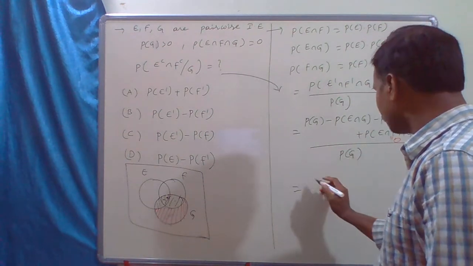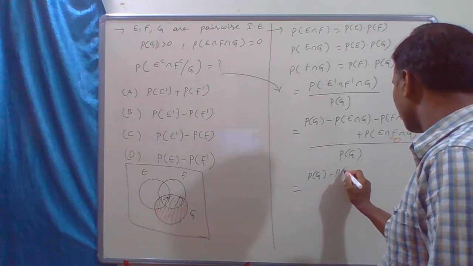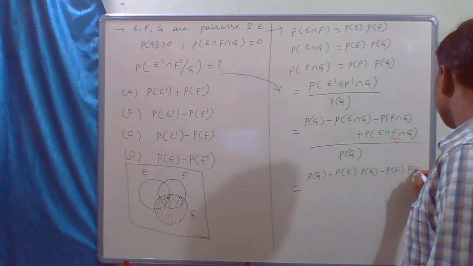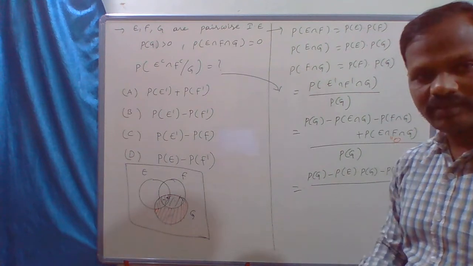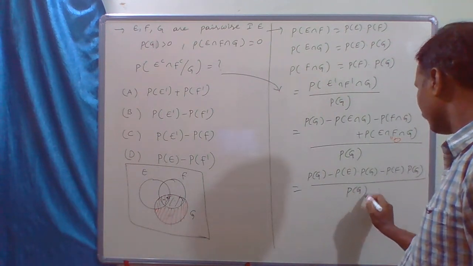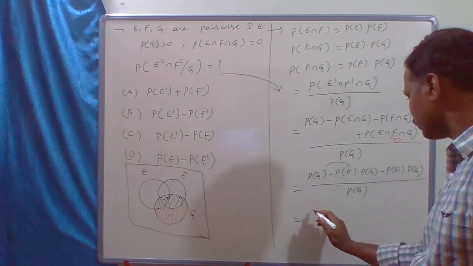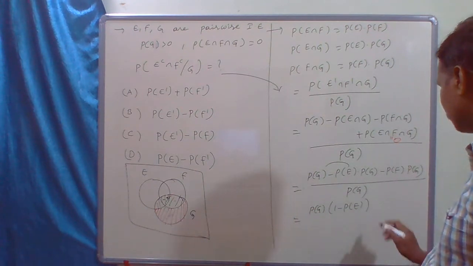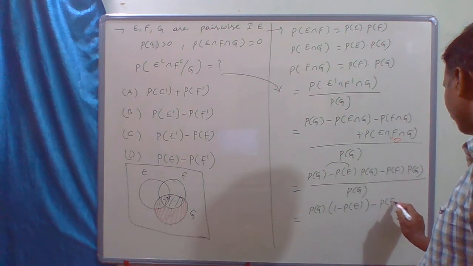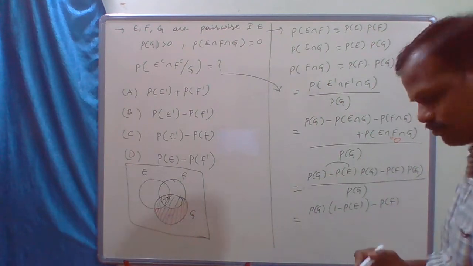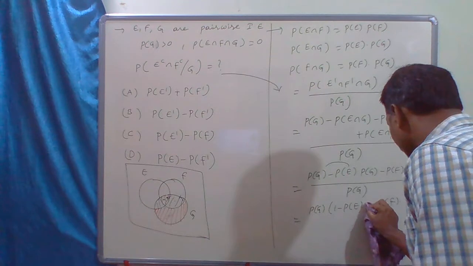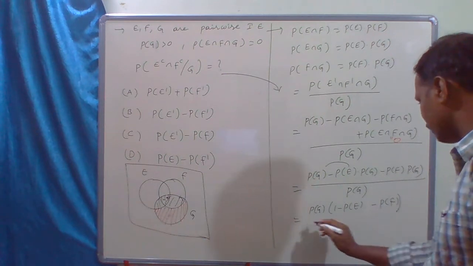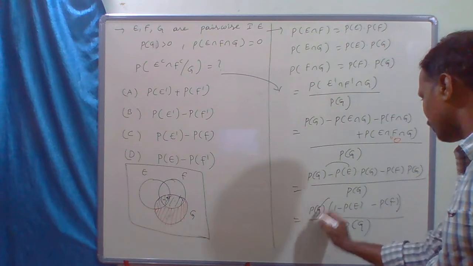Now probability of G minus probability of E into probability of G, because independent events, minus probability of F into probability of G, because E, F, G are pairwise independent events, by probability of G. Now from these, if you take probability of G common from the total numerator, what you will get? 1 minus probability of E minus probability of F, by probability of G. So probability of G will be cancelled.